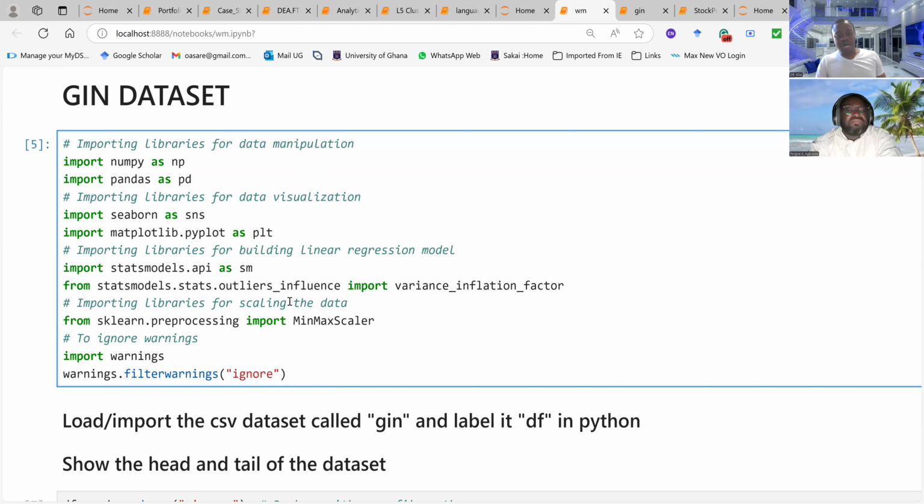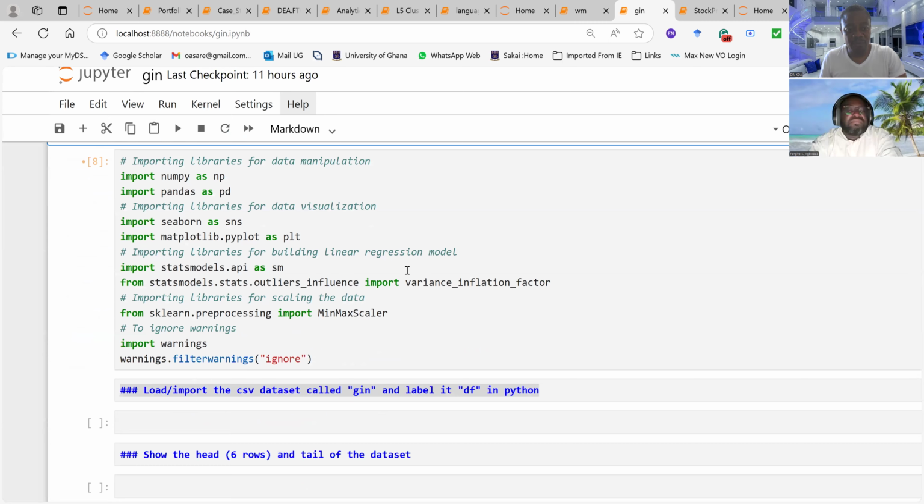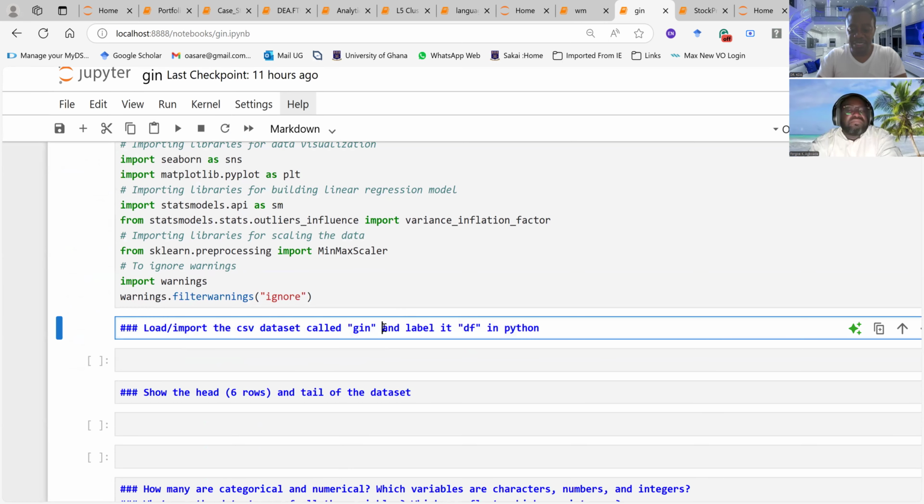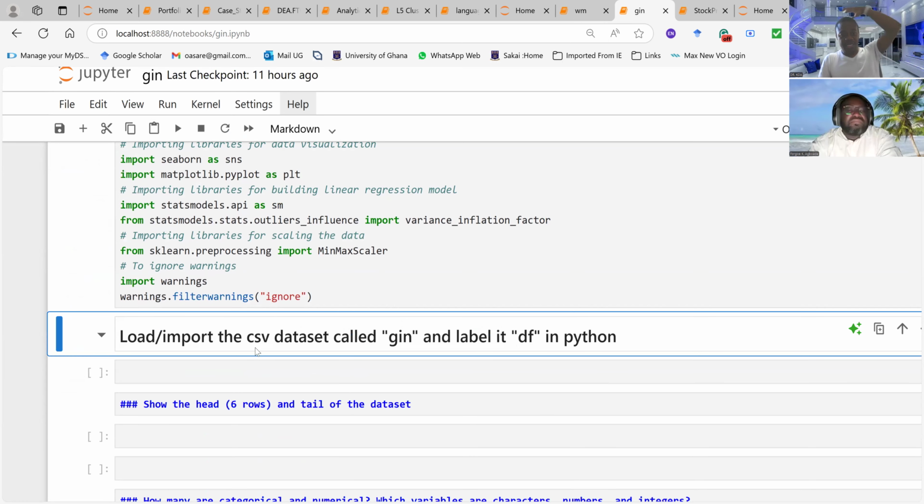Okay, so I have some questions for you, and this is what I want you to do. My question is very simple. Load the data set. It is a CSV file. Please confirm if it is a CSV file. If it's not a CSV file, just save it. If it's Excel, save it as a CSV file.